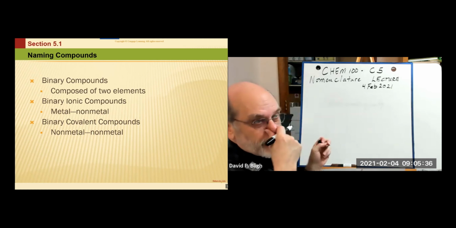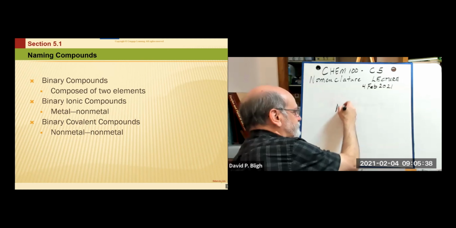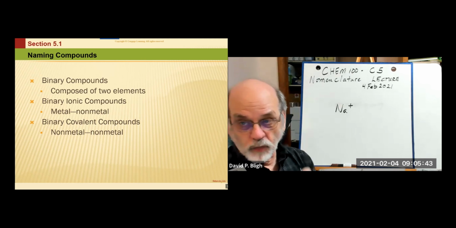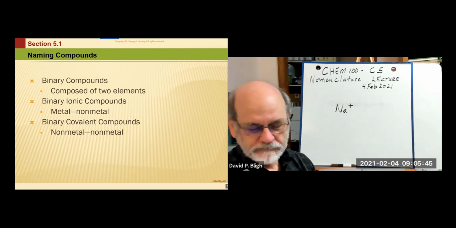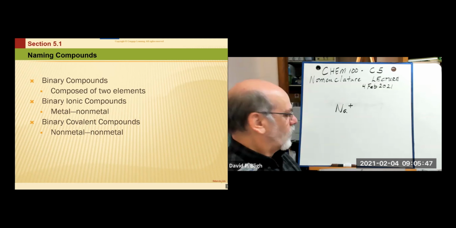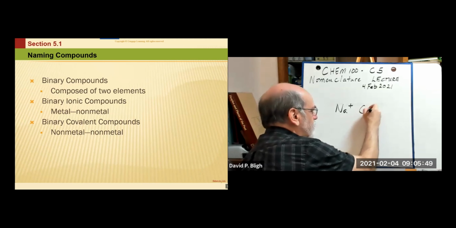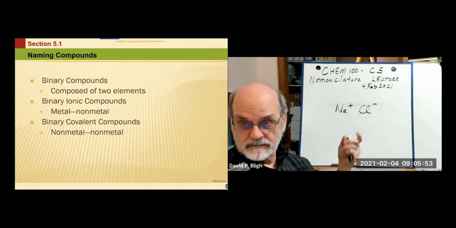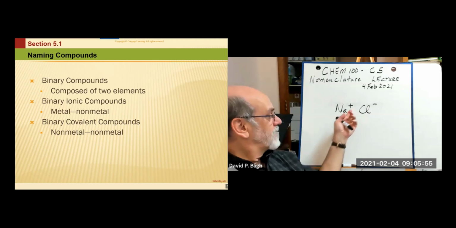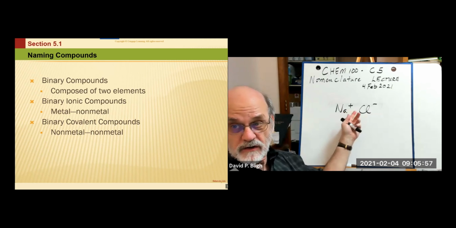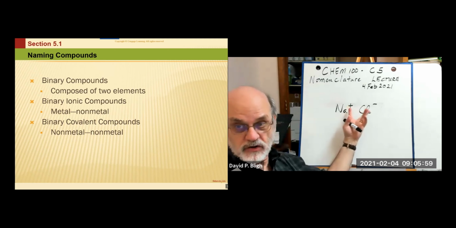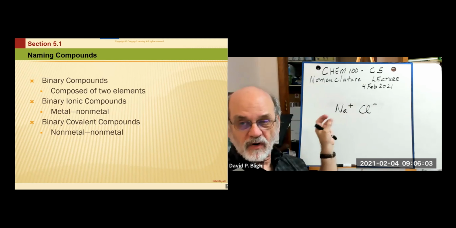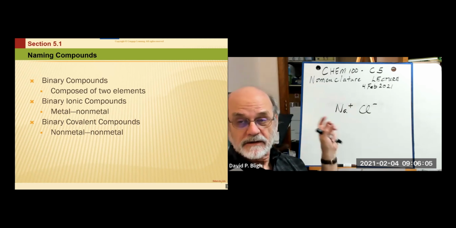For instance, sodium. That's a sodium ion. It has a +1 charge. Or it could be combined with the chloride ion with a -1 charge. And notice when you put them together, they cancel one another out. They neutralize. 1+, 1-, sodium chloride, table salt, is neutral.